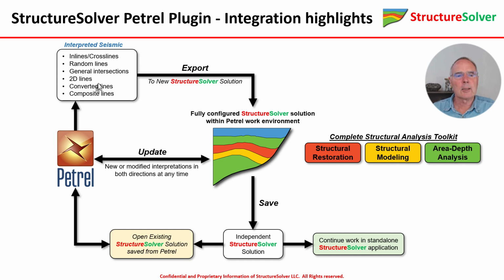Composite lines are interesting because quite often you can create a composite line in Petrel that contains both 2D and 3D elements. The Petrel Ocean interface does not actually expose the trace locations of composite lines to external plugins. So the way you deal with composite lines is to convert them to 2D lines and then export the converted 2D line.